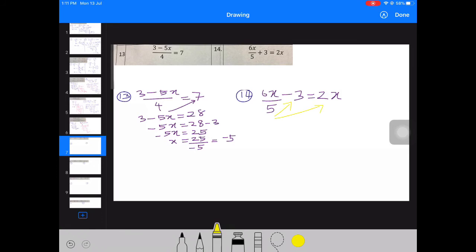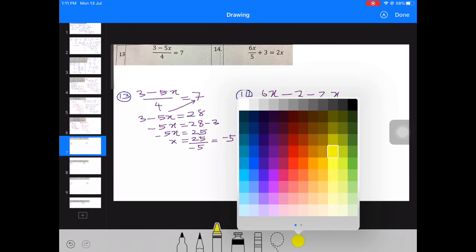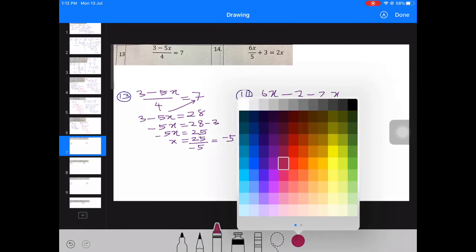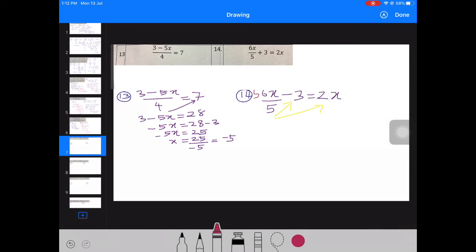So by doing that, you get, okay, here also you multiply 5. We multiply 5. And then here you times 5.